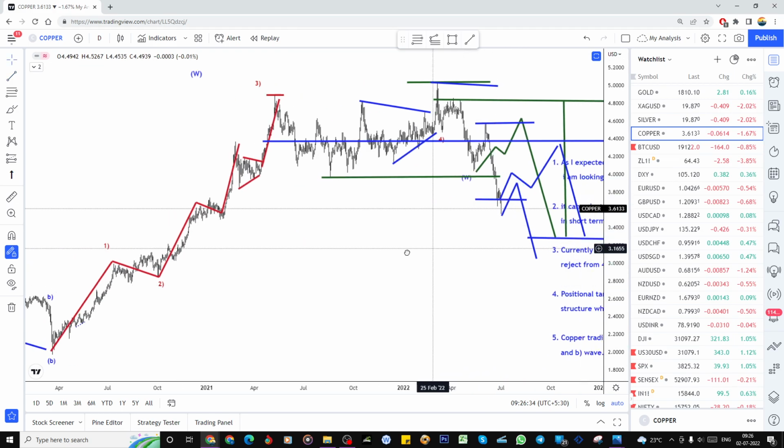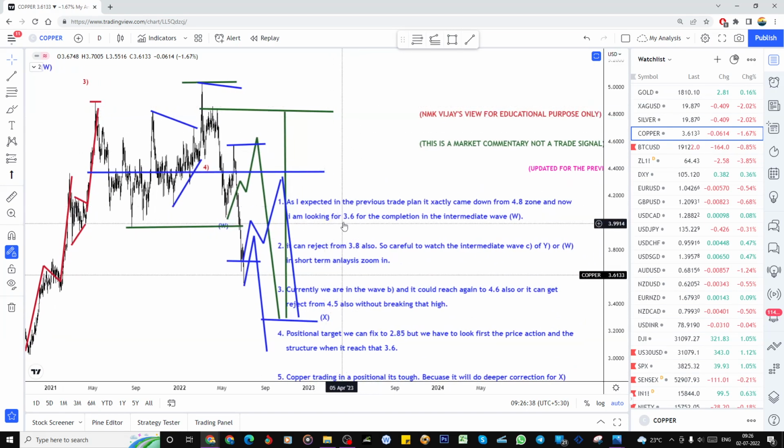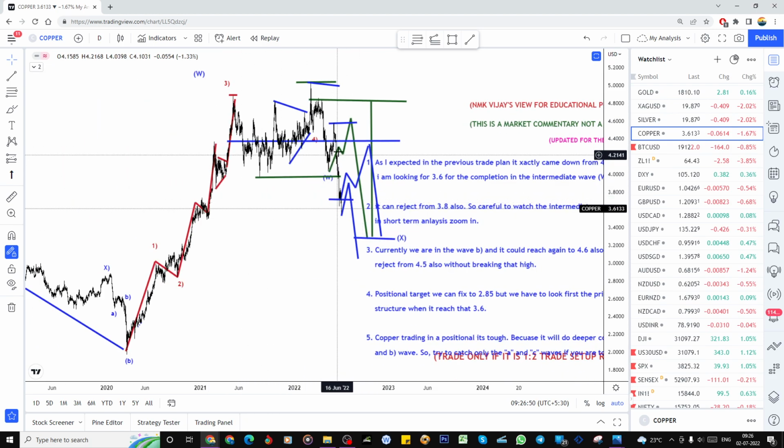So we already predicted the market can reject from, say, I'm looking for the 3-6 for the completion of the intermediate wave W, but it has already reached the 3-6. But expecting this, I'm not on the buy side. We are expecting this zone to reach to take a sell position, but it has already reached the 3-6.